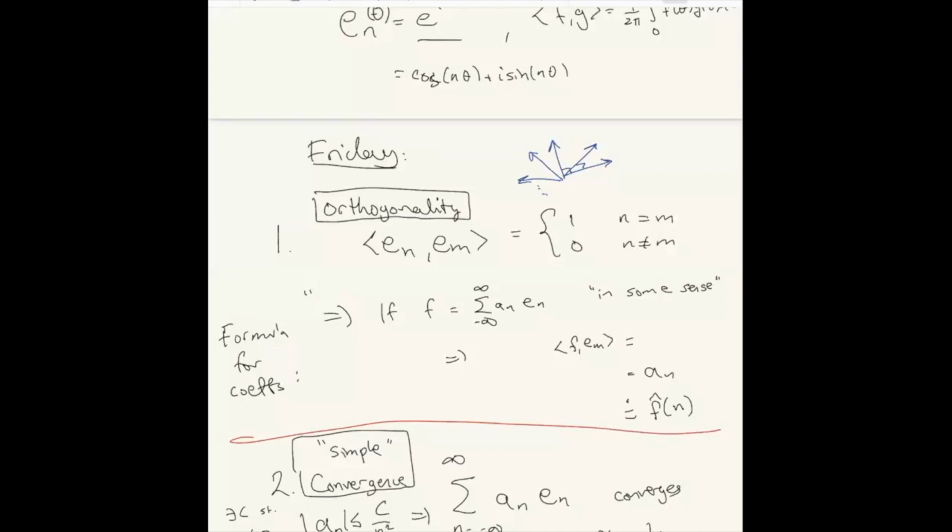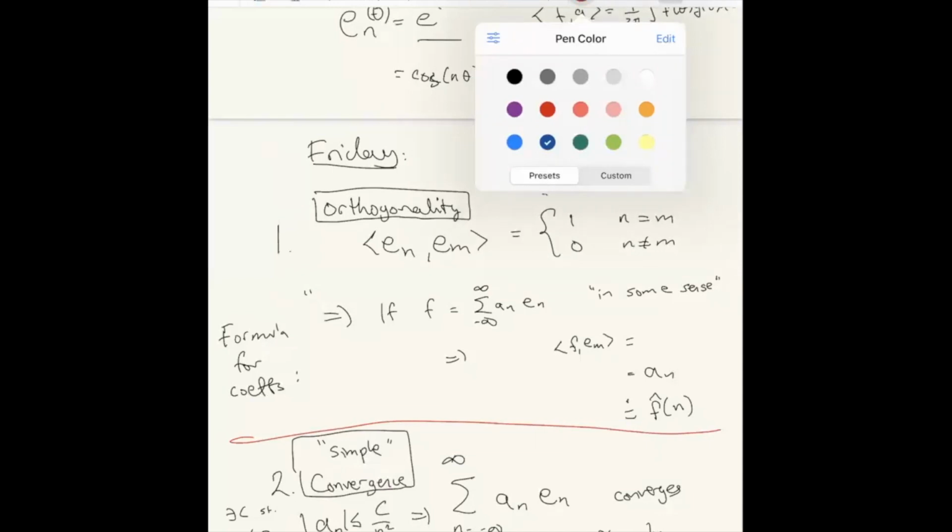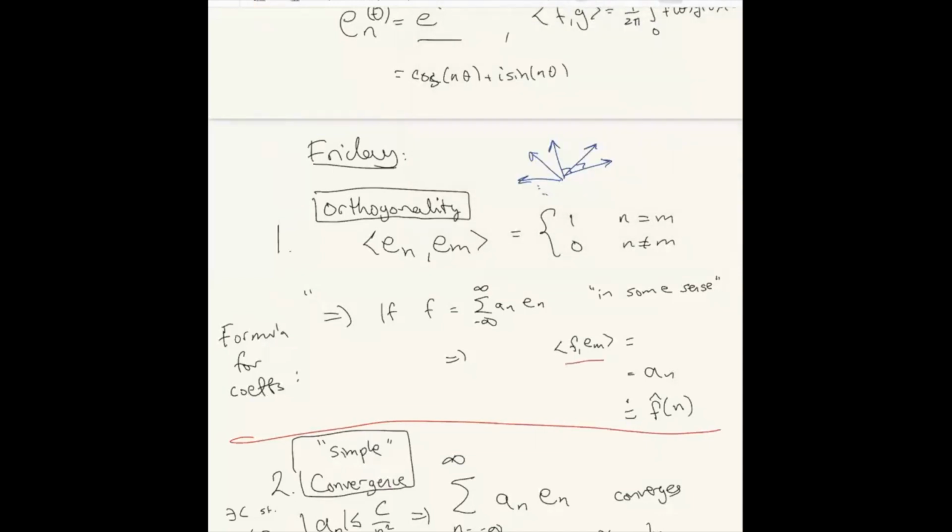If you fill in this argument, you'd have to add some convergence argument, but let's say it holds in some sense. I'll say something about that in a bit. But then we can compute the coefficients using orthogonality as we take the inner product with e_m. Well, what is this inner product? This is the inner product of this thing with e_m, and everything here is linear, and everything ought to converge, and this is where the sum sense comes in.